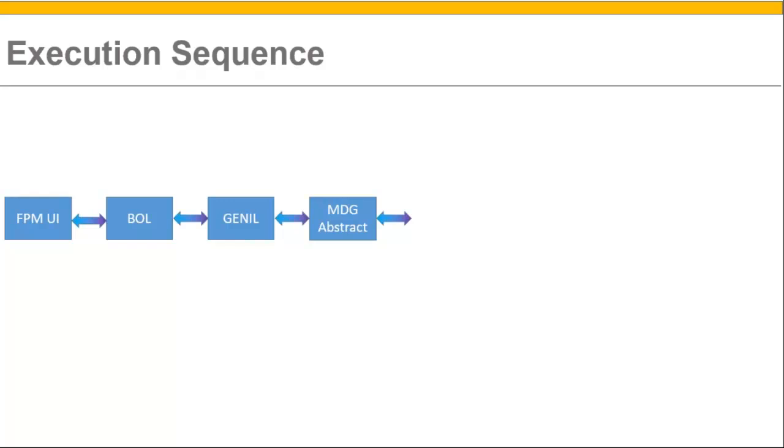So here, we need to understand that it is not directly the MDG abstract layer which will be called by Genil. Genil will call convenience. Convenience will call governance.